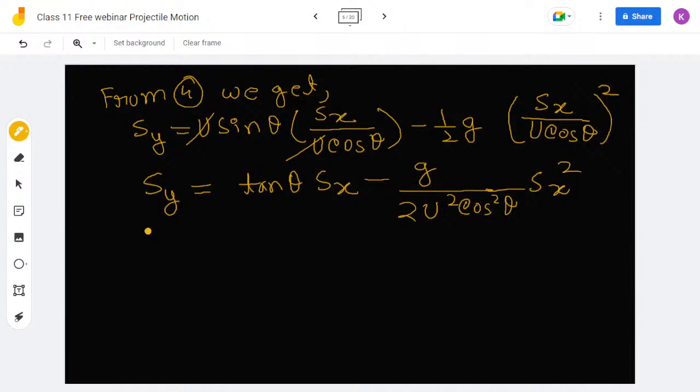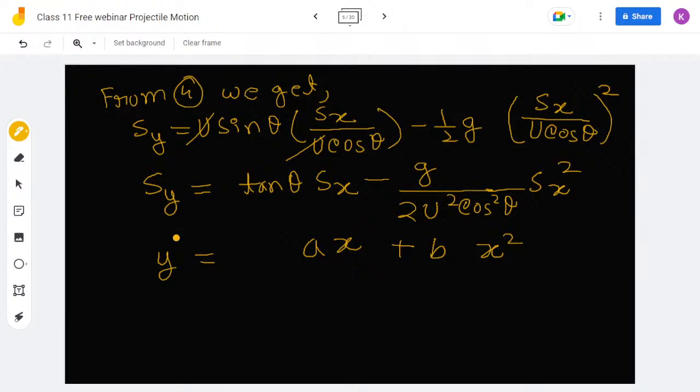So if we take sy as y and sx as x, then let's write tan theta as a and minus g by 2u square cos square theta as b.